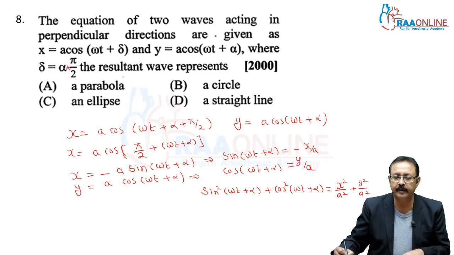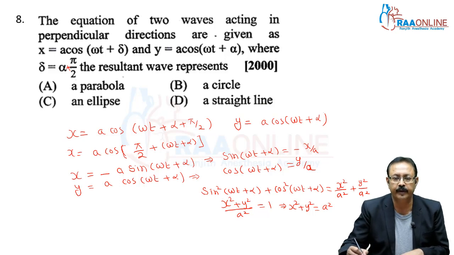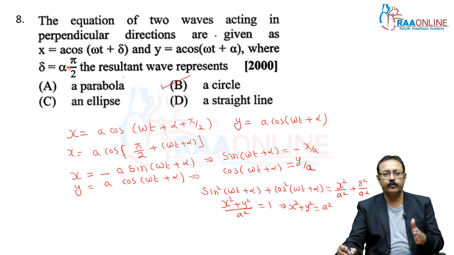It is again 1. So I am getting x square plus y square is equal to a square. So again we are getting the equation of a circle with center (0, 0) and radius a. So we are going with B. It was from 2000 AIPMT.